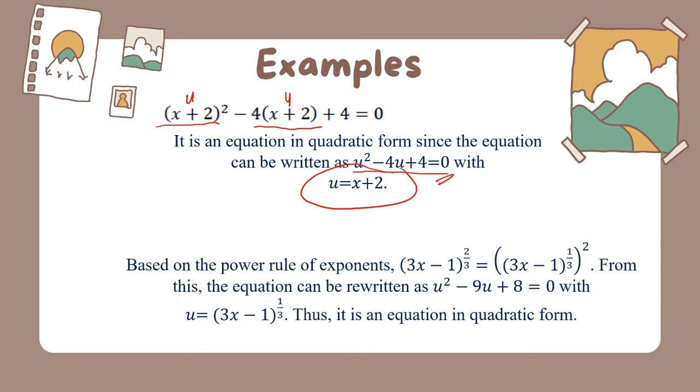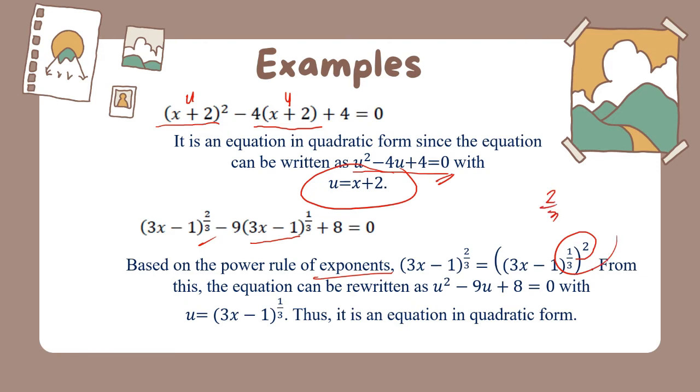For our next equation, we have the quantity 3x minus 1 raised to 2/3 minus 9 times the quantity 3x minus 1 raised to 1/3 plus 8 is equal to 0. Based on the power rule of exponents, the quantity 3x minus 1 raised to 2/3 can be written as the quantity 3x minus 1 raised to 1/3 raised to 2, since 1/3 times 2 is equal to 2/3 po.